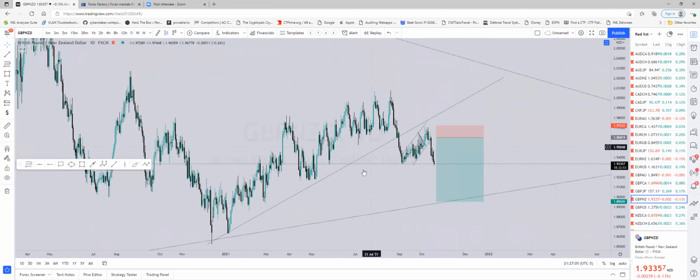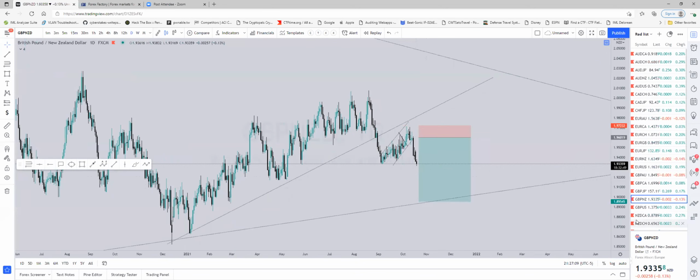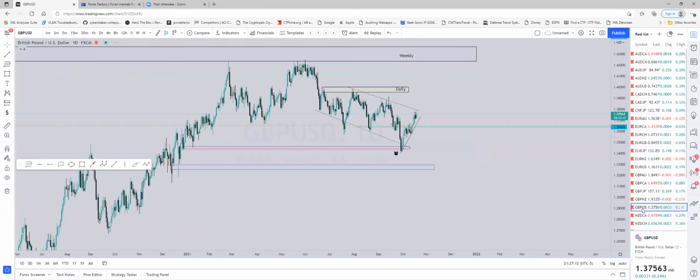This was a couple weeks ago when I was marking. So GU, I can see it going actually all the way back to here, kind of minimum. Got 200 pips. I'll show you why I'm saying that in a second.